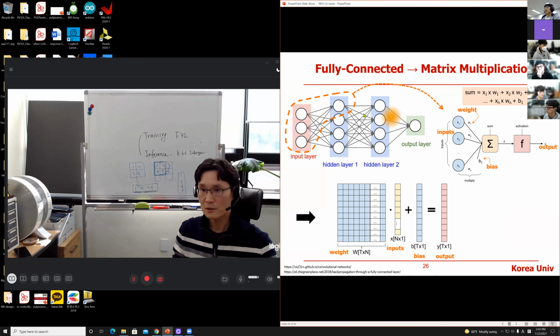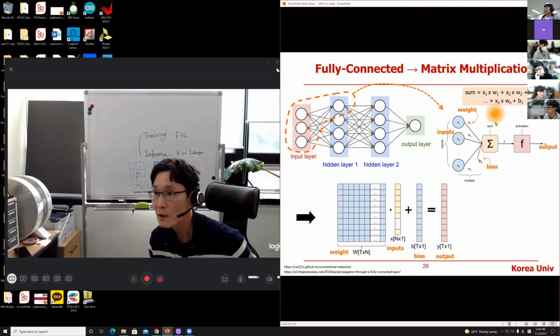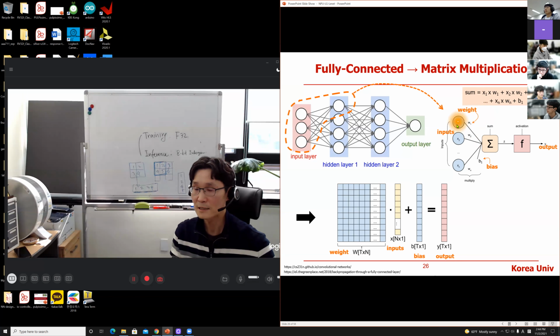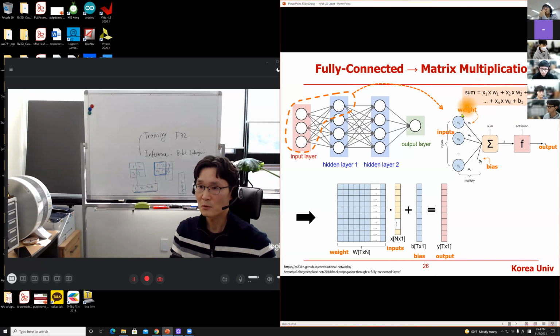This one is an example. Some equation, a sum. How do you get the sum? You do multiplication of X and this weight. X1 and weight 1 multiplication, X2 and W2, weight 2 multiplication, and then addition of everything.